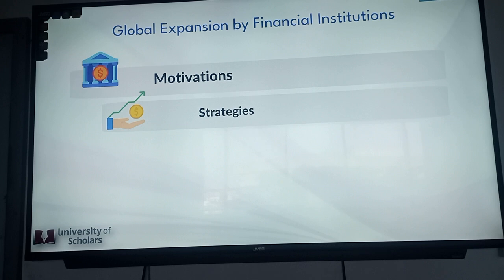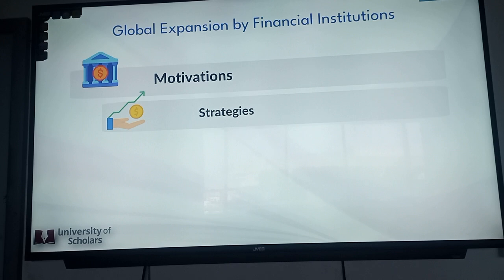Acquiring or merging with existing financial institutions in the target market will be a great push towards our goal. If we want to penetrate our new market, we can invest or merge with an existing financial institution in that target market or in the target country.